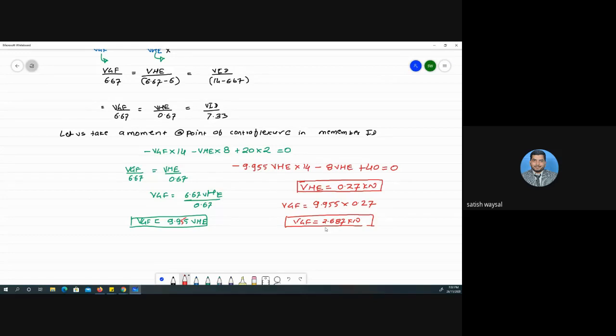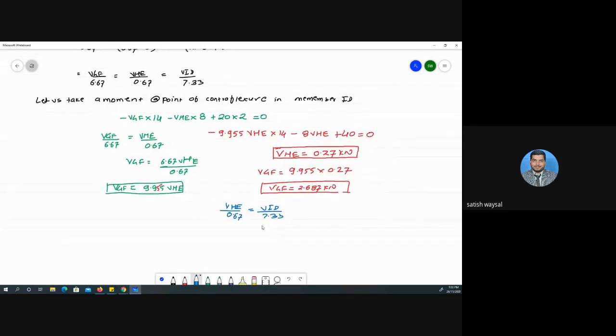Okay. And the third relation we can establish: suppose VHE upon 0.67 is equal to VID upon 7.33. So VID is equal to VHE into 7.33 divided by 0.67.